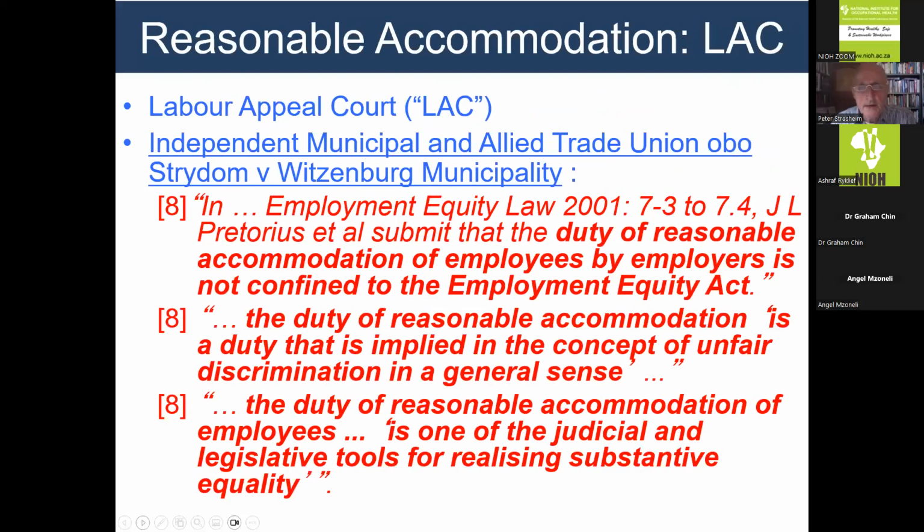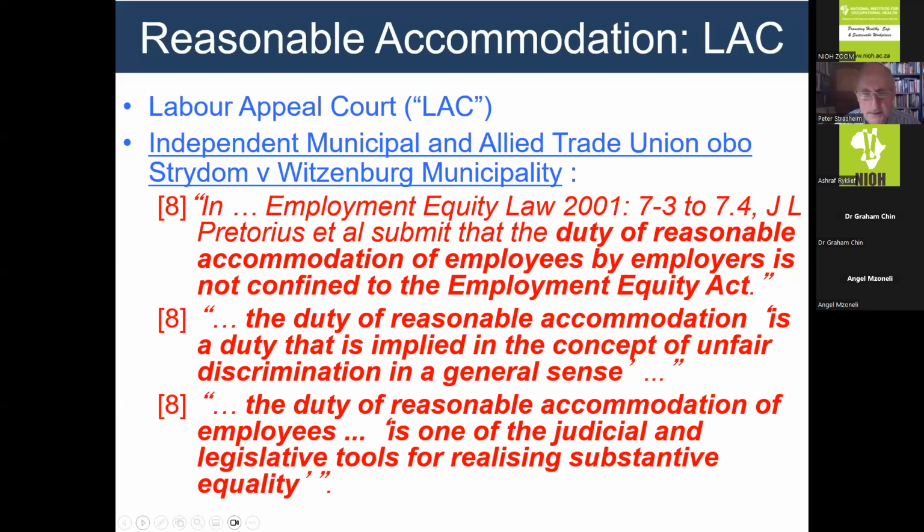The Labour Appeal Court put it differently. In the case of Independent Municipal and Allied Trade Union, on behalf of Strydom, the employee, versus Witzenberg Municipality, the Labour Appeal Court said something even more important too. They refer to a book written by academics.